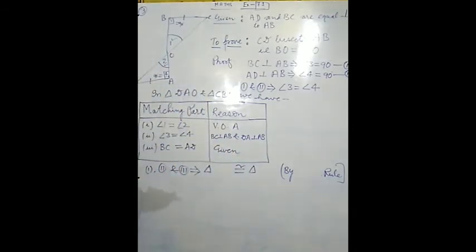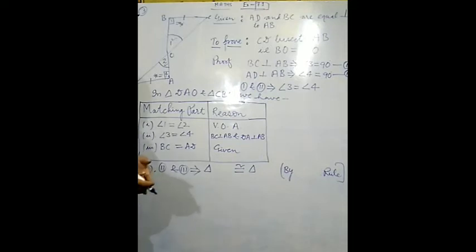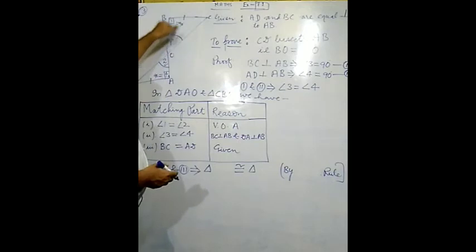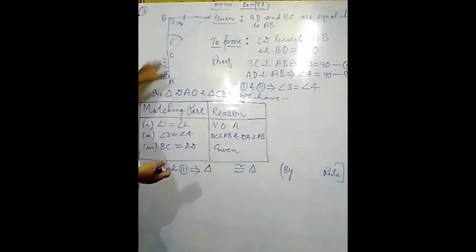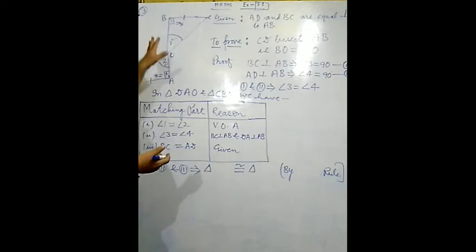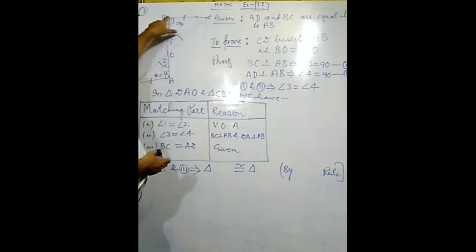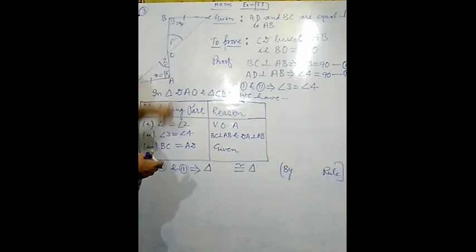On the basis of this criterion, the matching parts are angle, side. If angle, side is there, in this condition also both of the triangles are congruent. This means the upper triangle is congruent to the lower triangle. What will be the name of the upper triangle? It will be CBO. On the same track, the lower triangle will be DAO.